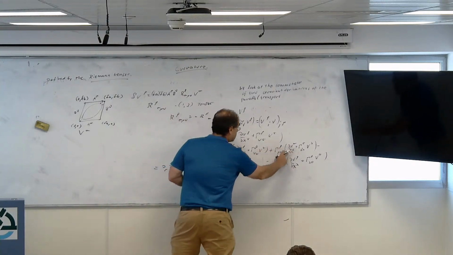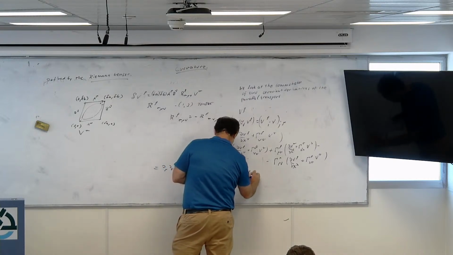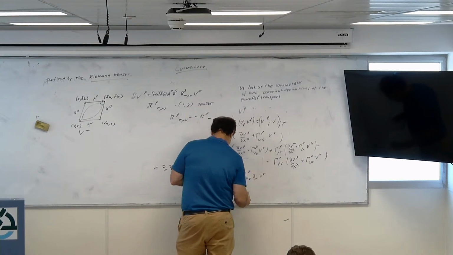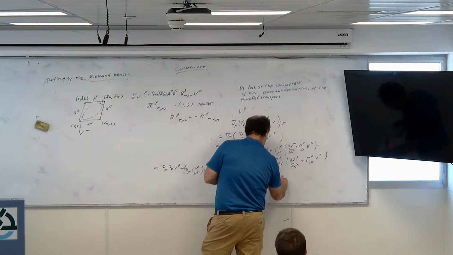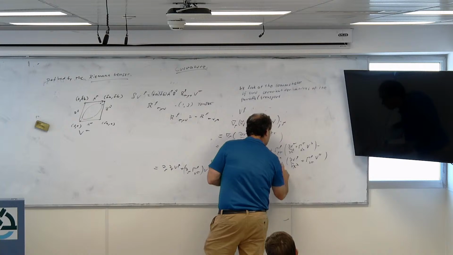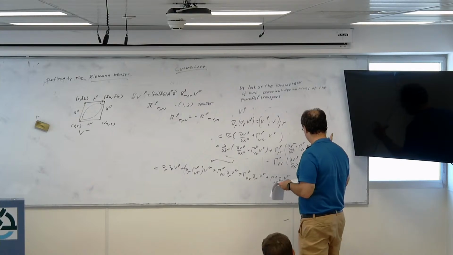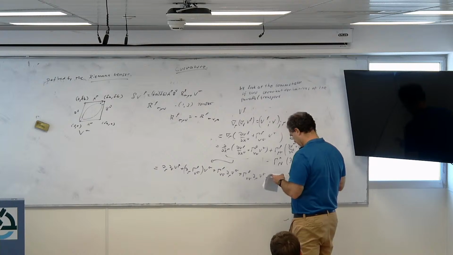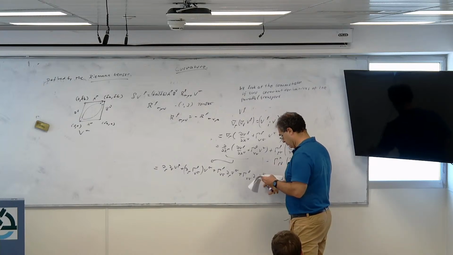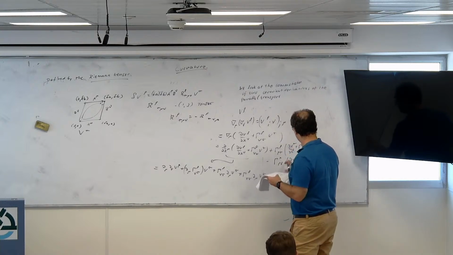And then I just expand these terms, so plus gamma rho mu sigma d mu V sigma, plus gamma rho mu sigma d mu V sigma. Sigma, that's fine. These are these two.